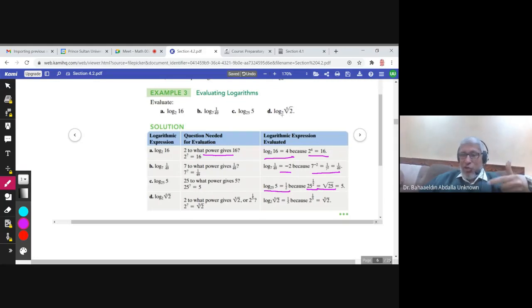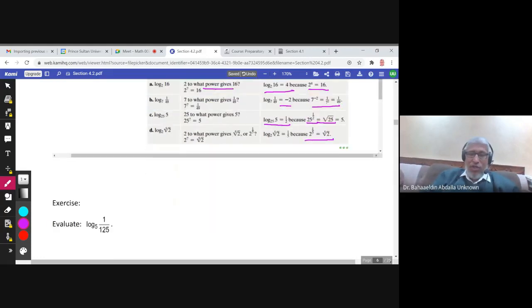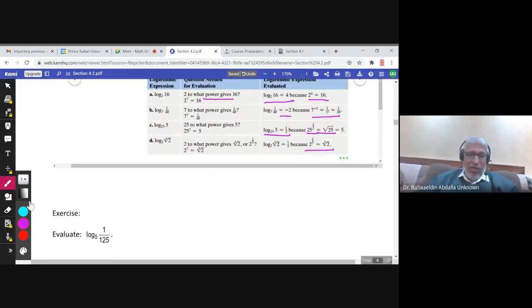Here, 2 to what power equals 2 to the power 1 over 5. Of course 1 over 5, because 2 to the power 1 over 5 is just the fifth root of 2. We mentioned if you need the nth root of a, you can write it as a to the power 1 over n.